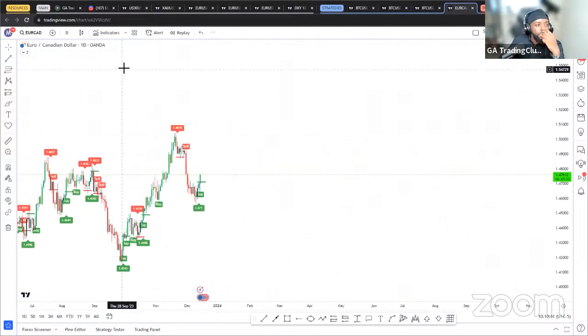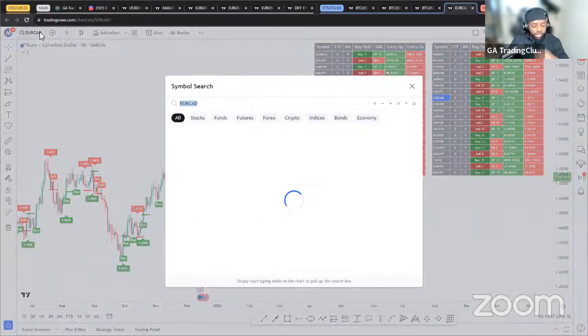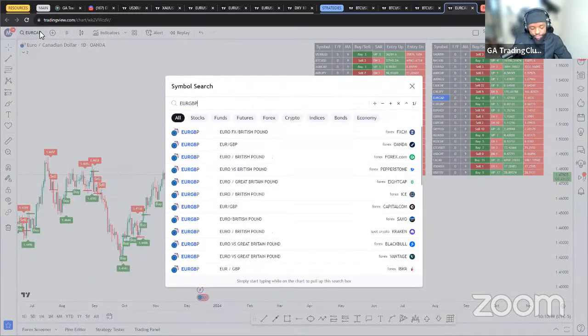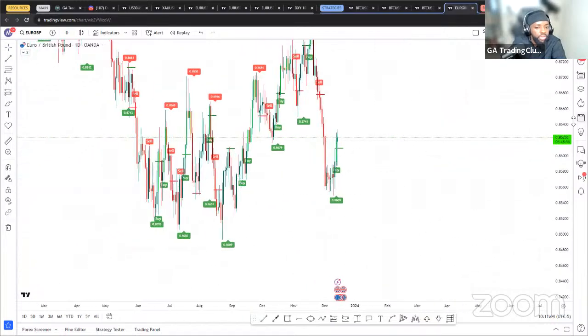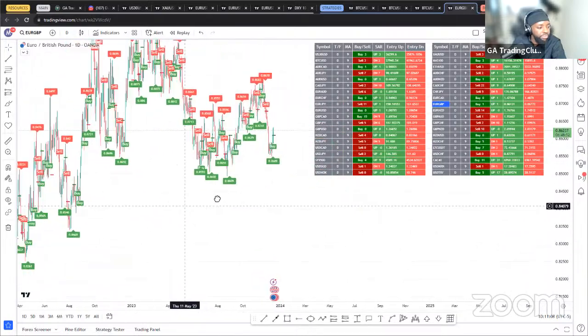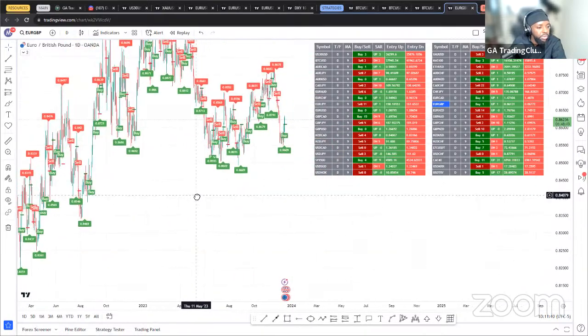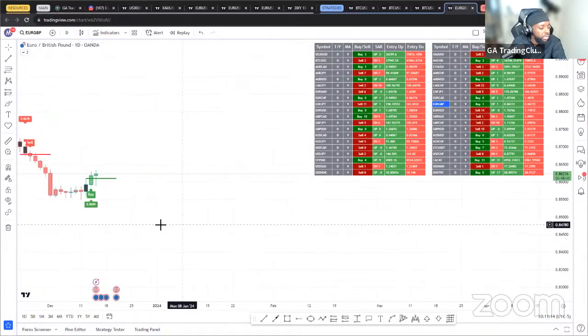Nah, looks like it's consolidating. Euro GBP, it's been buying for 1 day. Euro GBP is another nice one. Let me see where we are on the daily. Still some possible downside, but it's a nice one to stack buys on also.